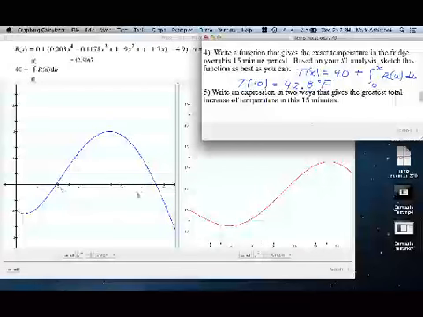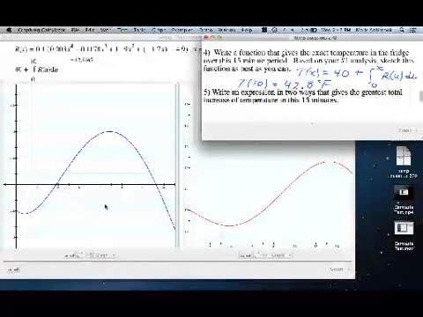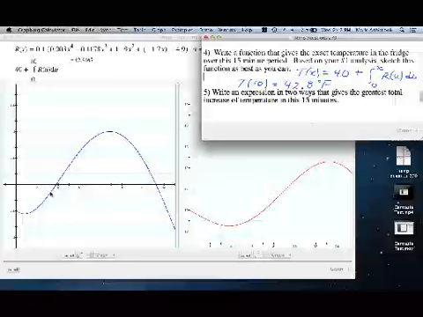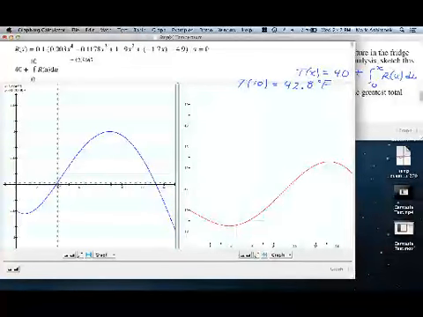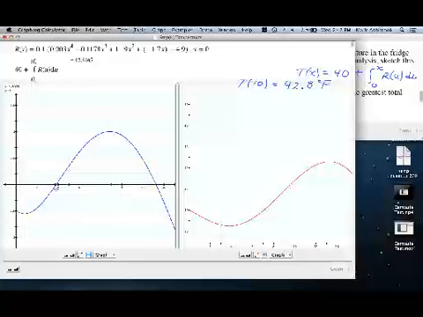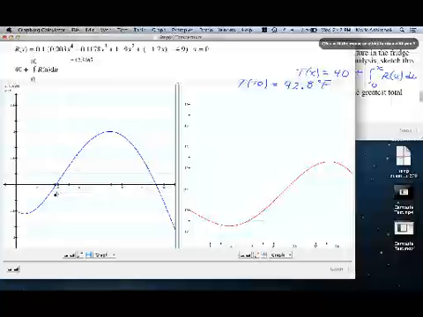So instead of estimating this to be 4 and 13, let's get the exact values. I'm going to come over here, and I find that it's actually 3.8 minutes.